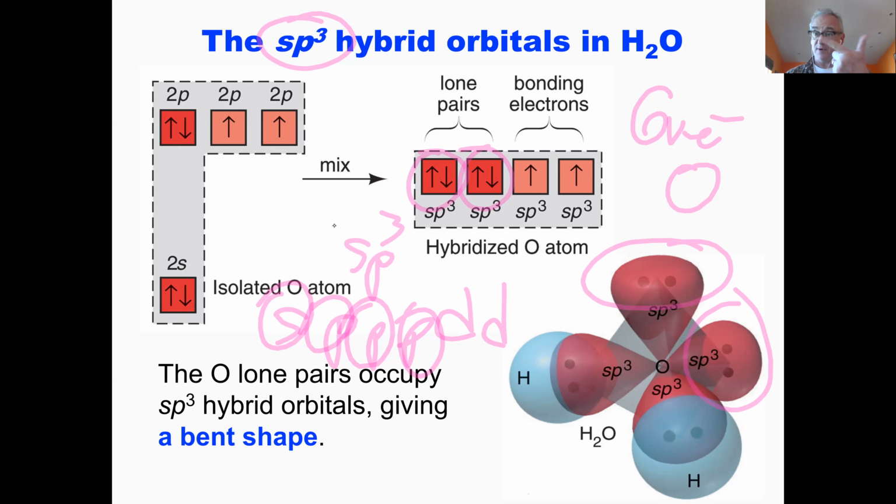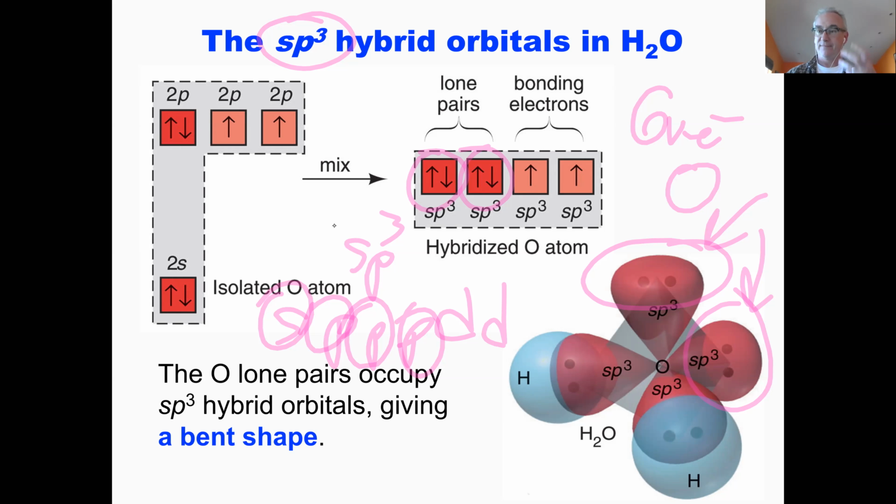Generally, 2 of them are going to be doing the bonding, and 4 of them are going to be in lone pairs. That's basically how oxygen rolls, regardless of the hybridization, actually. So in this instance, when there's 4 regions, it's sp3 hybridized. Here are our 2 lone pairs.